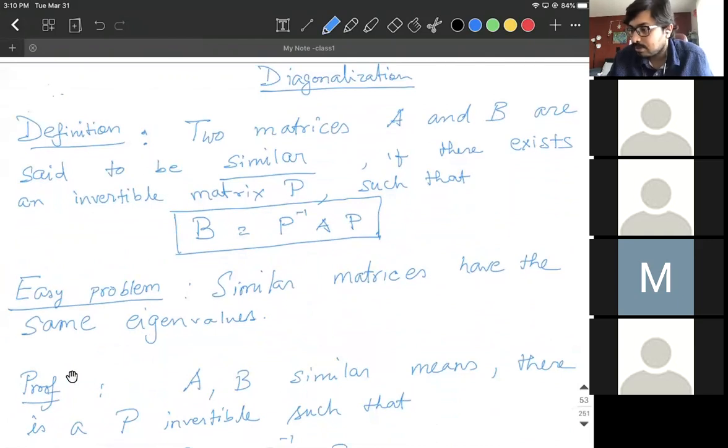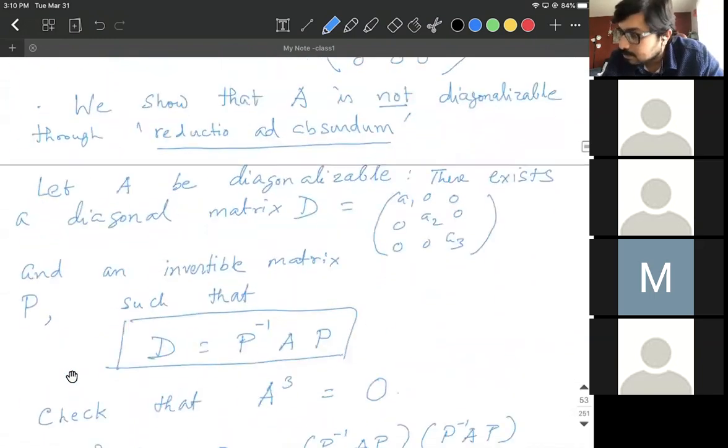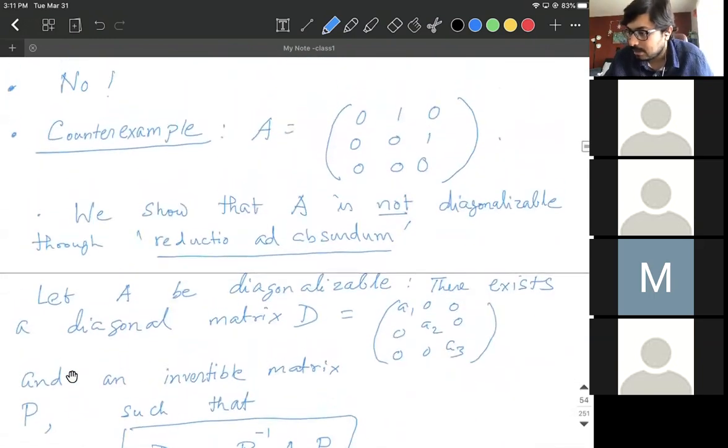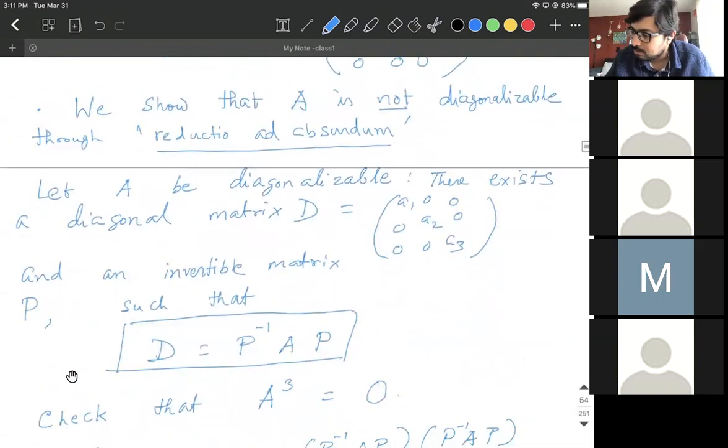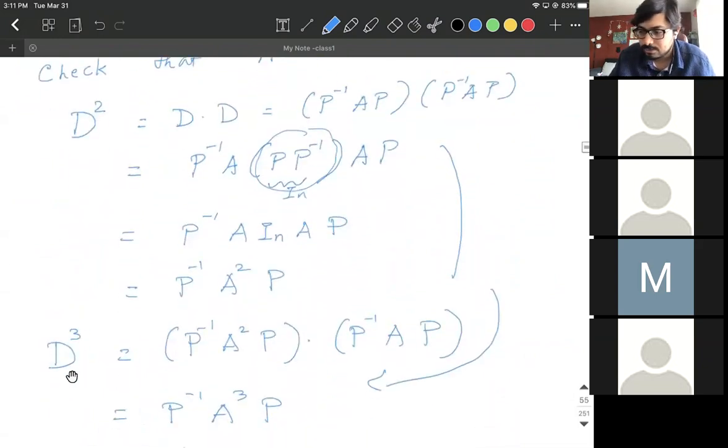Otherwise, you cannot write B as P inverse A times P. If there is no inverse, then you cannot do that. So this condition of invertibility of P is imposed in the definition. And you are using that in this particular example, that A is not diagonalizable, precisely here, that P times P inverse is identity. So that's where you're using it.